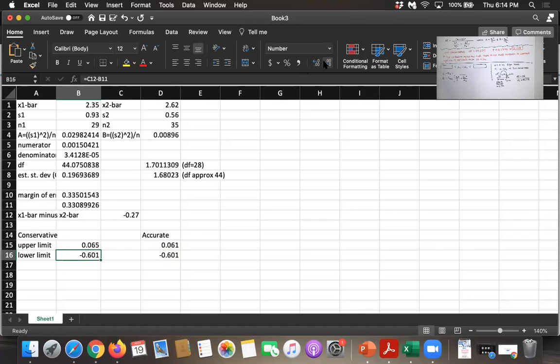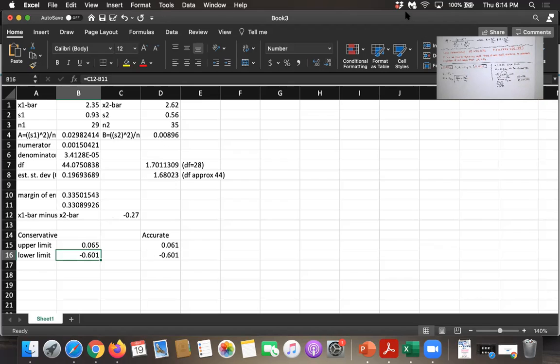So our lower bound, or our lower limit for the confidence interval, is the same either way. It's negative 0.601. But the upper limit is either 0.065 or 0.061. I'm going to use 0.061. That's the one calculated with the more accurate degrees of freedom, and see if MyLab Statistics likes it. It should like it because it is more accurate.